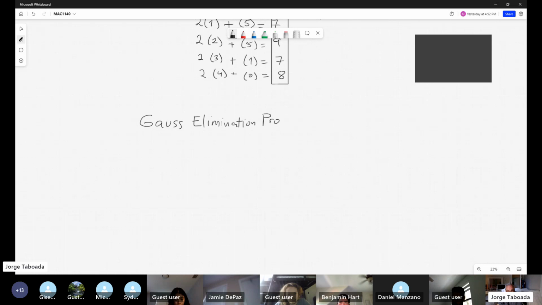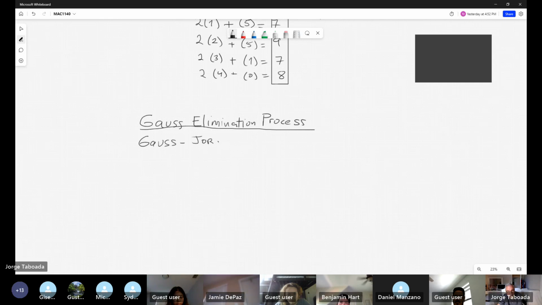And after that, when Gauss discovered or declared this method, another mathematician called Jordan complemented it a little bit, much better. The method is then called the Gauss-Jordan elimination process.